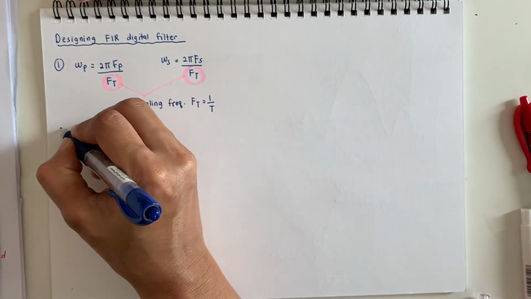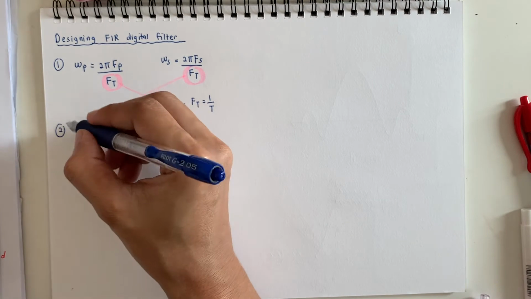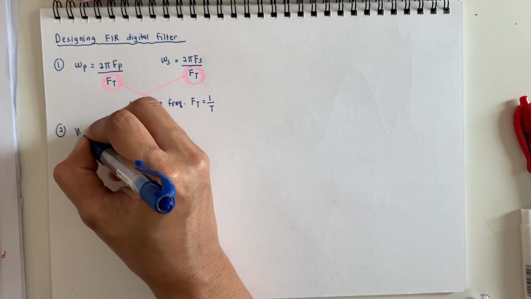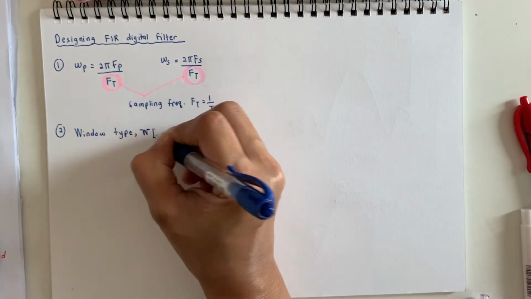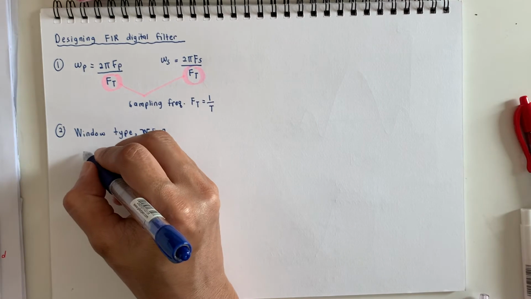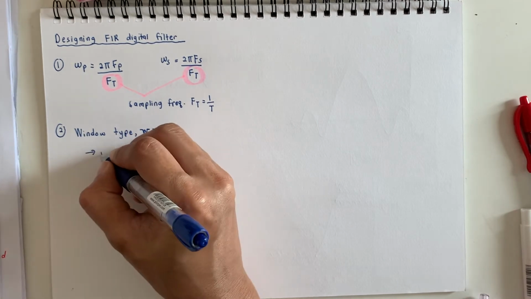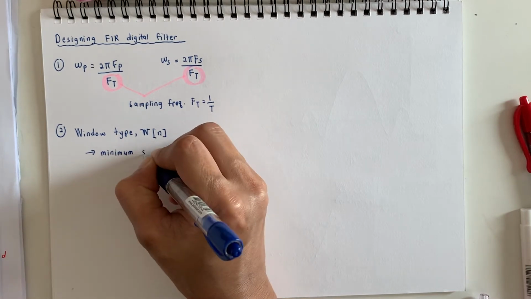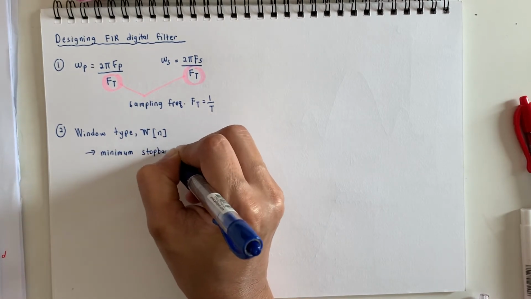For the second step, you need to determine your window type. How to know your window type? It is based on the value of the minimum stop band attenuation.